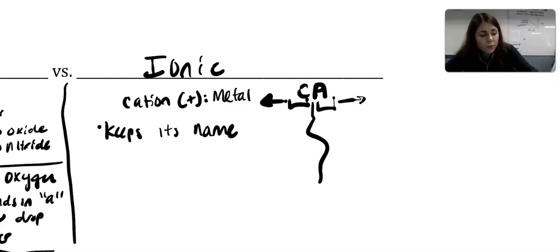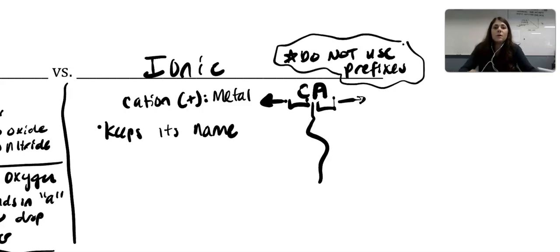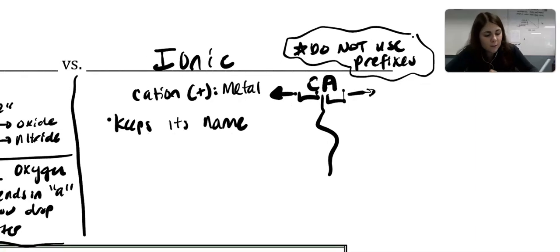I do want to note just real quick, do not use prefixes when it comes to ionic. We only use prefixes for covalent because here their charges aren't fixed or considered varied. So here we don't even use charges in covalent. So that's why we use prefixes. But with ionic, we have fixed and multivalent charges, so we don't need to use prefixes.